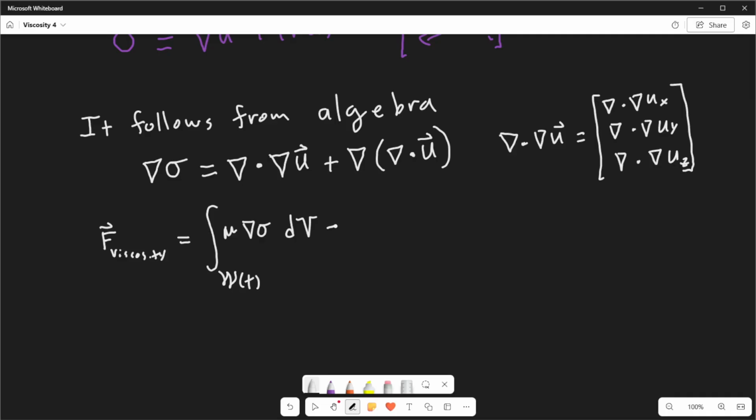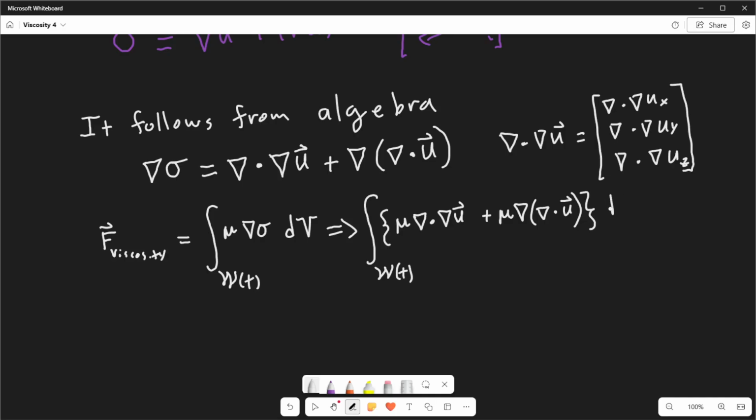So this basically equals, using this term from above and just writing the whole thing out, omega t, and then mu gradient dot, or divergence dot gradient symbol, plus mu times this, and dV.